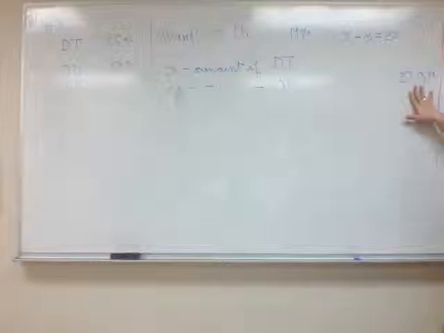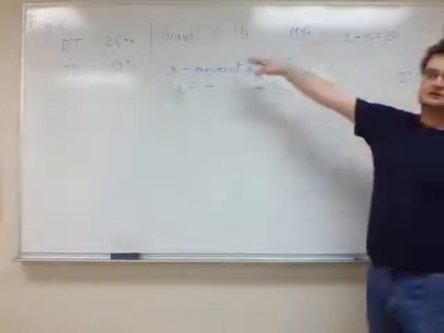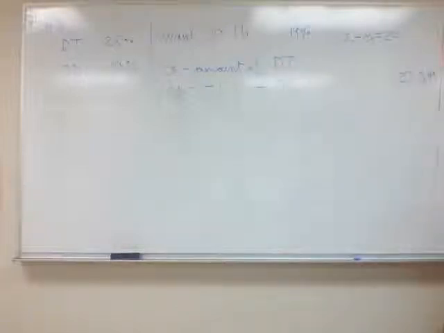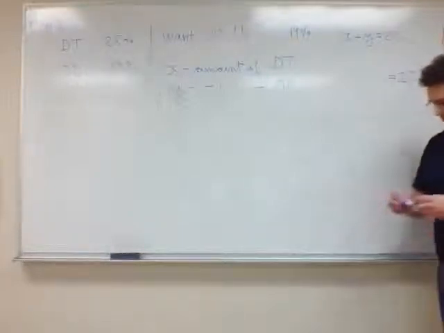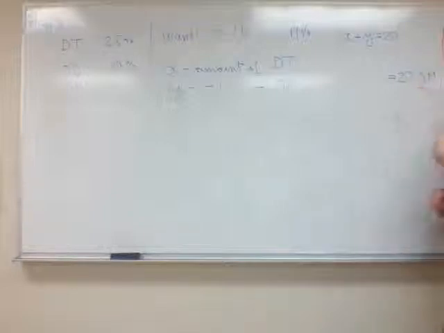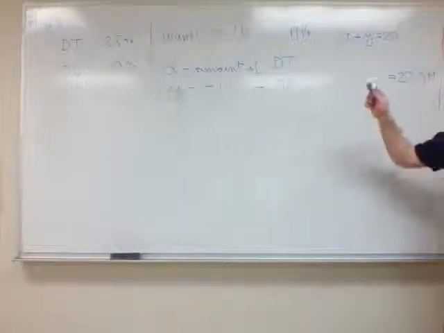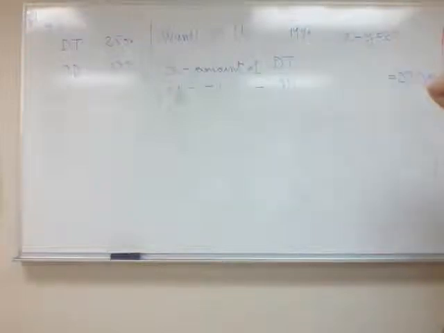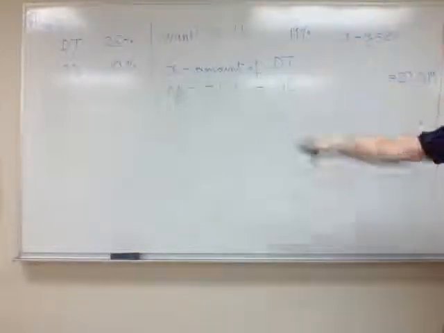So this is the amount, in pounds, of nuts and dried fruit in the 20-pound mixture. Now that's on one hand. On the other hand, we can separate the pounds of nuts and dried fruit that are the contribution of DT granola, and the pounds of nuts and dried fruit that are the contribution of OD granola.